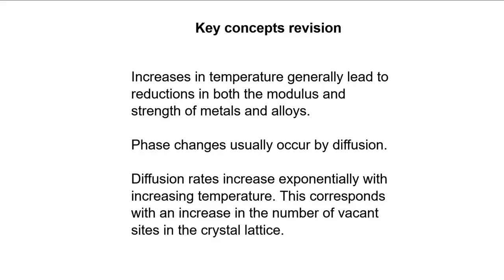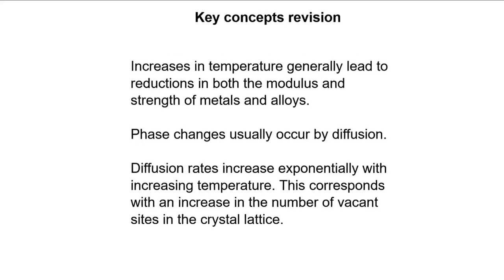There is a dramatic increase in diffusion rates as temperature is increased, and this has been explained on the basis of vacancy generation and concentration gradients according to Fick's first law. I've also presented empirical evidence that both the overall strength of materials decreases and plastic behavior evolves with increases in temperature. However, on this latter point, I have not explained how. This will be described in the second part of this lecture.